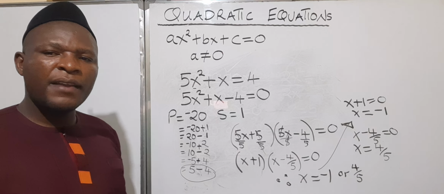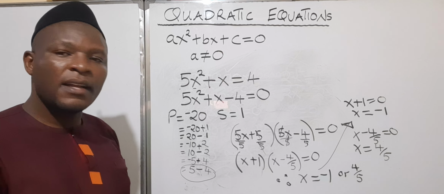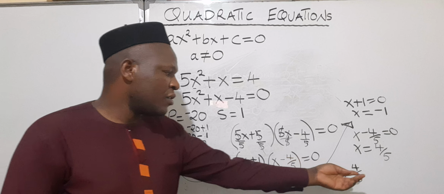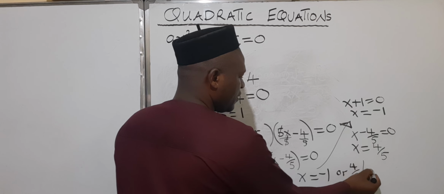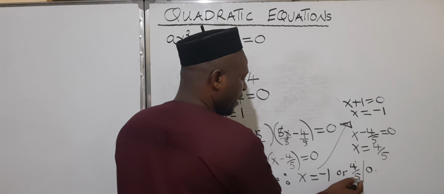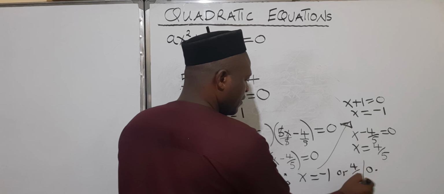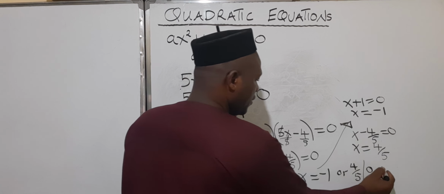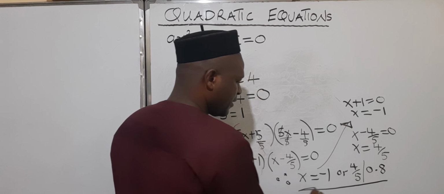Others would love to present 4 over 5 as a decimal number, which is also the same as 0.8, since 4 divided by 5 is 0.8. So these are the answers.